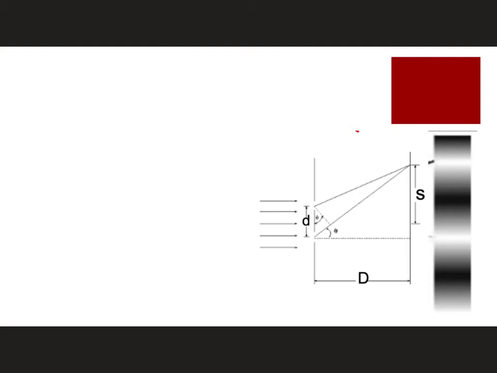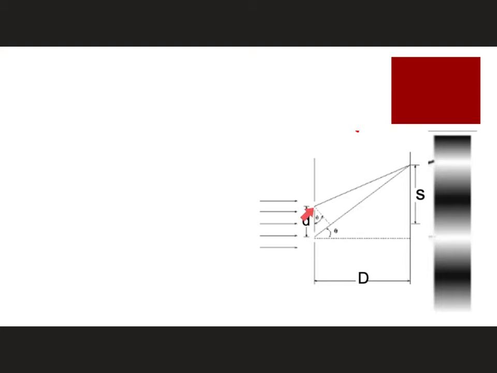Now, as soon as we're talking about constructive interference, you can see on this diagram that this ray here, the one at the bottom, is going to have to travel farther than the top one. And the amount that it's going to have to travel farther is going to be lambda for constructive interference.